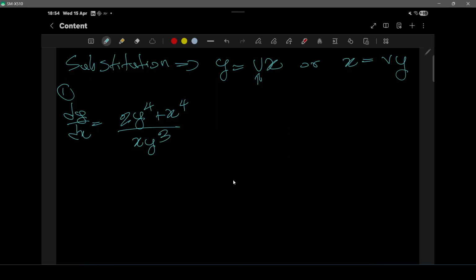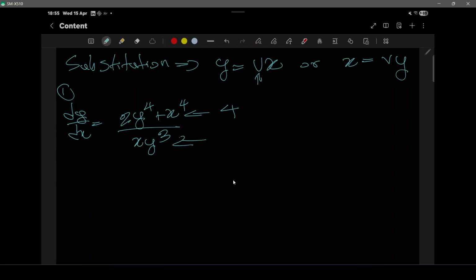First you have to identify this as a homogeneous equation. A very easy way to do it: the highest power in the numerator is 4 from x and y.